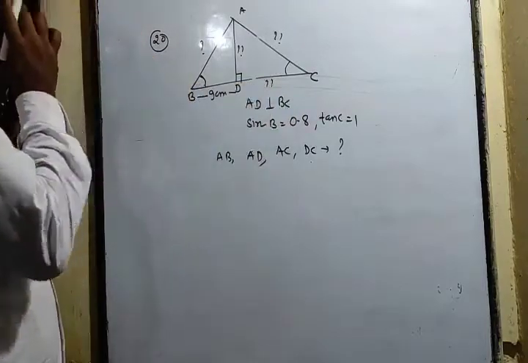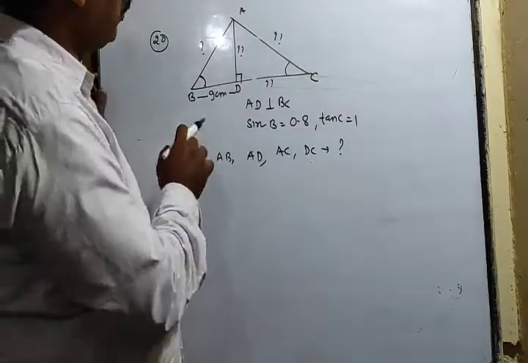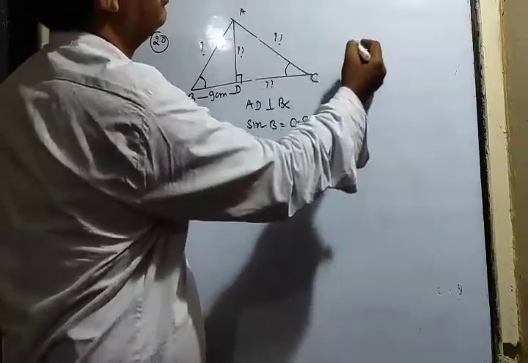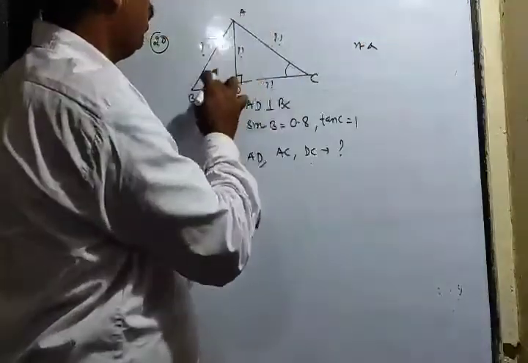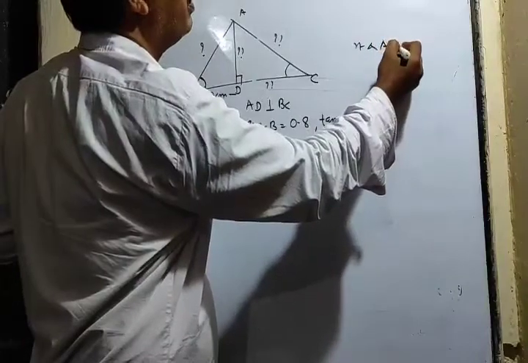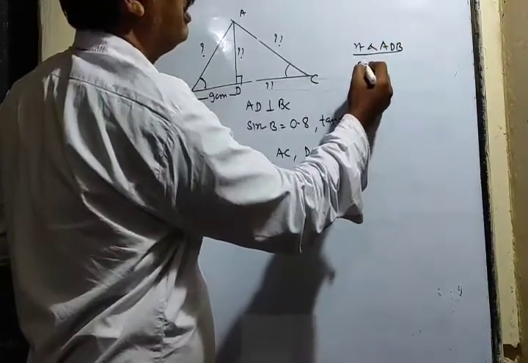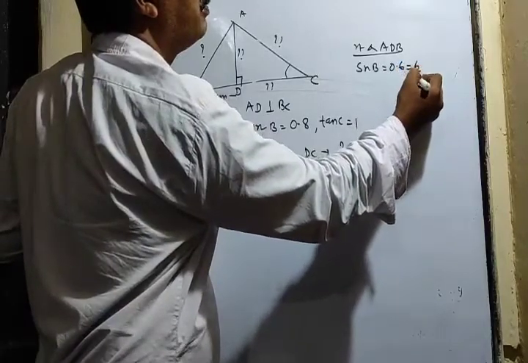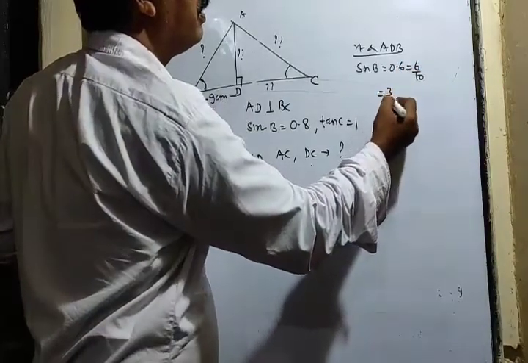These values we have to find out. So what we'll do, we'll use sine theta, sine B. So right triangle ADB, if we are taking, then sine B is equal to 0.6, can be written as 6 by 10, can be written as 3 by 5.